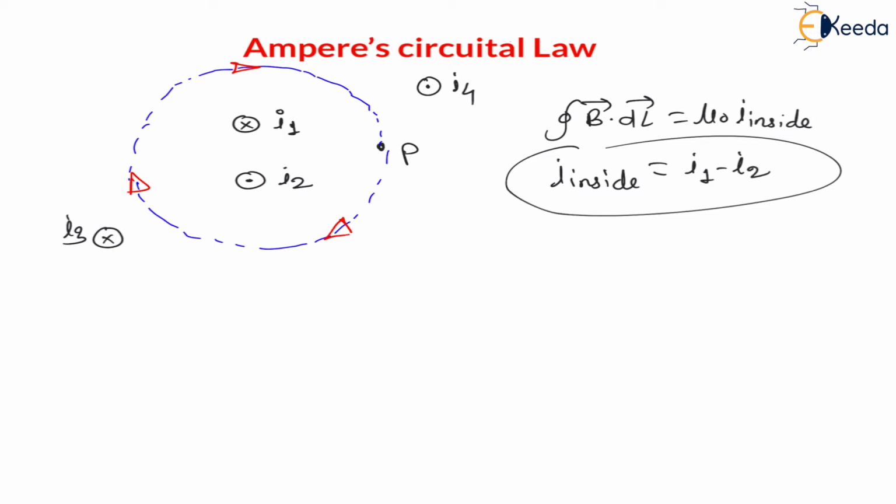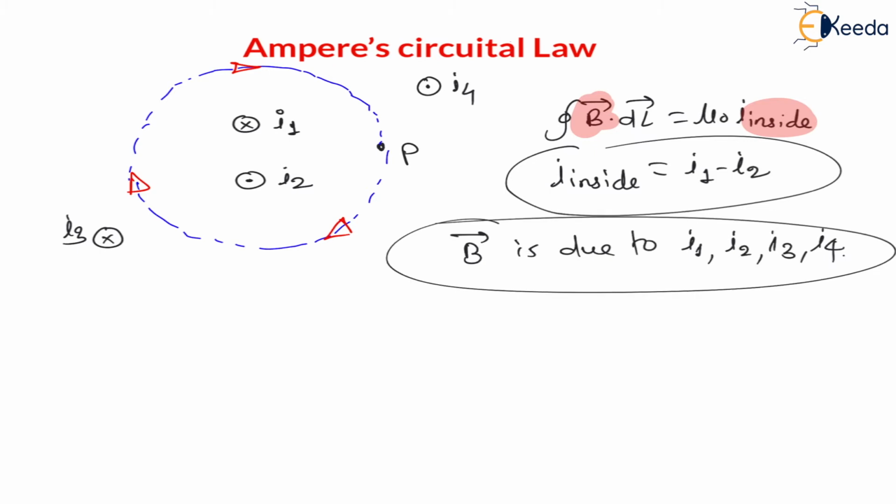So my dear students, in this law, on the right side it is I inside only, but this magnetic field is due to all the four currents, I1 also, I2 also, I3 also, and I4 also.